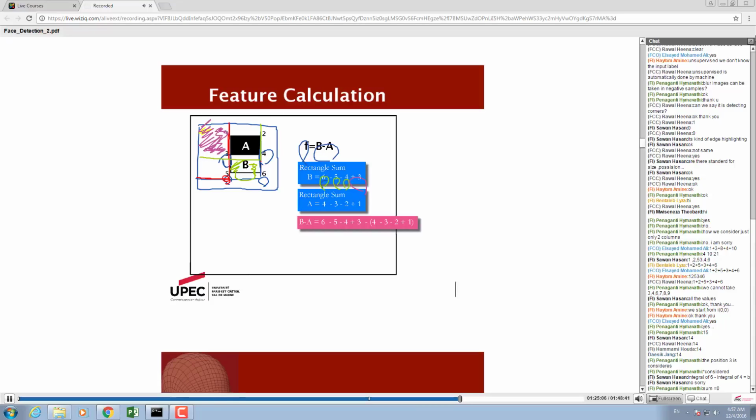So we add 3 again, because it is supposed to be subtracted just one time, but this region is subtracted twice when we subtract 5 and 4. So finally, we have the correct B region sum. That is the way to calculate the sum of region B. Is that clear?